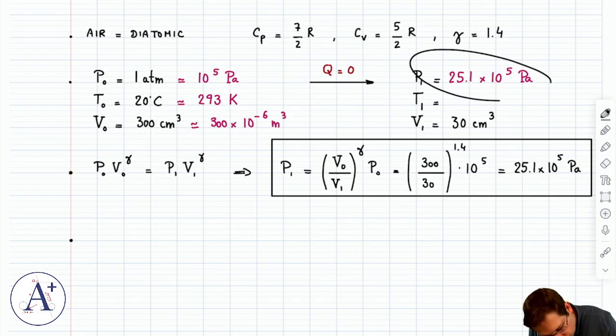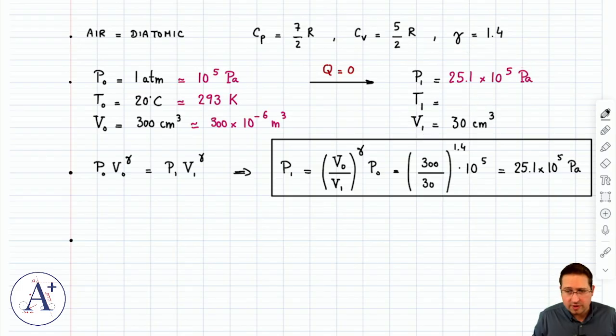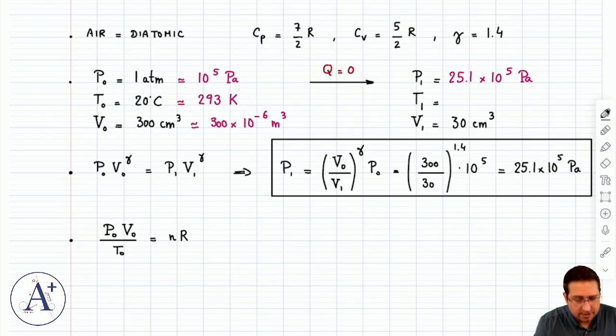and anytime I have 2 out of 3 of these thermodynamic variables, of these state variables, P, V and T, I can typically find the third with the ideal gas law. Now you're going to say, well, don't you need to know the number of moles of air to do that? And it's like, well, no, in theory, yes, but I can always claim that initially I have P0 V0 over T0 is equal to N times R. That's the ideal gas law before the compression.